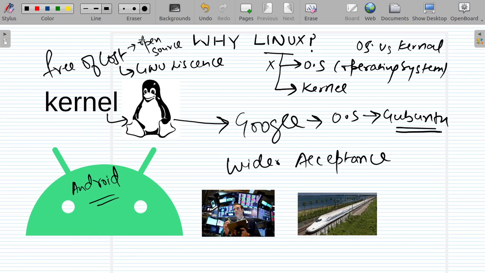By open source, I mean that the code for the Linux kernel is available for everyone to look into and modify. If you want to contribute any new suggestion or any new stuff into the Linux kernel, it is totally free and totally acceptable. You may use the Linux kernel, develop an operating system of your own and distribute it, right?